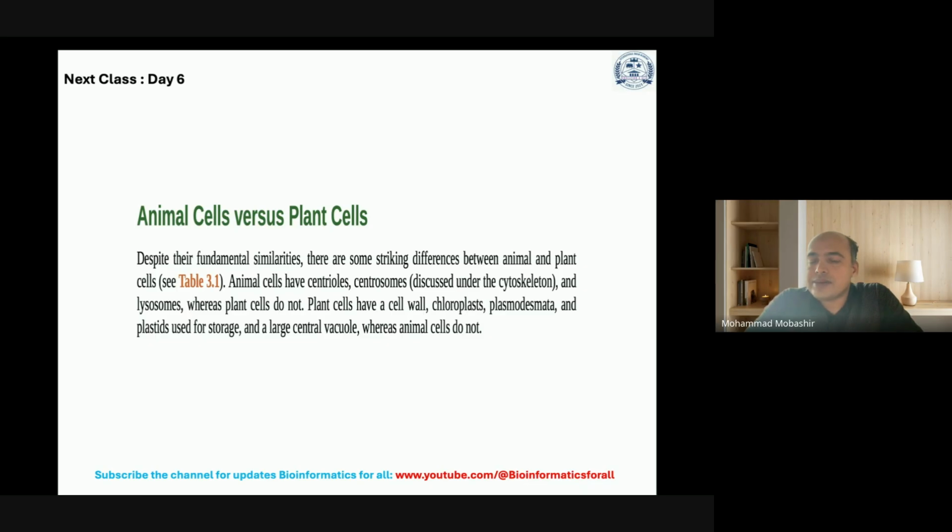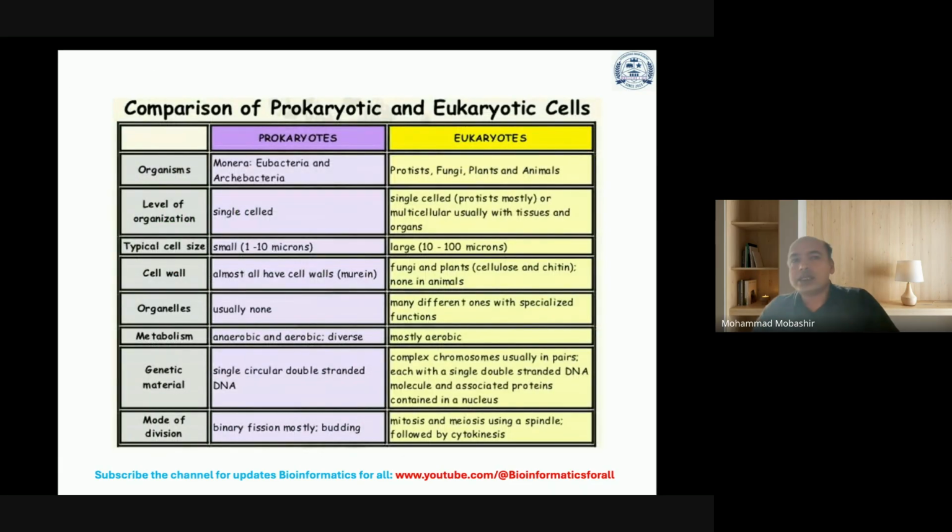And plant cells have a cell wall, chloroplasts, plasmodesmata, and plastids, which are in general used for storage, and a large central vacuole, which is not present in animal cells at all. So these are some of the listed differences, and I have already explained the comparison between prokaryotic and eukaryotic cells.